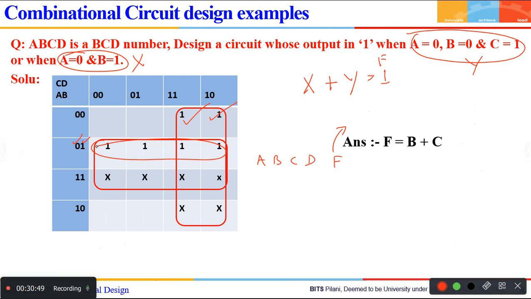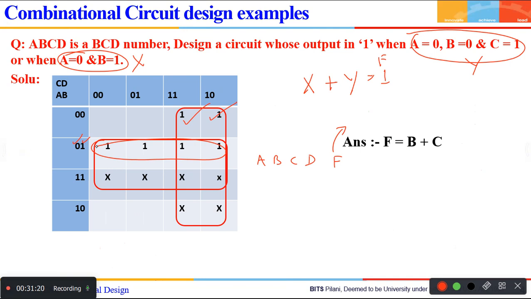For example, AB equal to 1 1 and CD equal to 0 0. Those combinations are not considered because they are not required at all for us. So only for these inputs should your output be equal to 1. If you can put 0 0 over there, you can put X there, no problem.